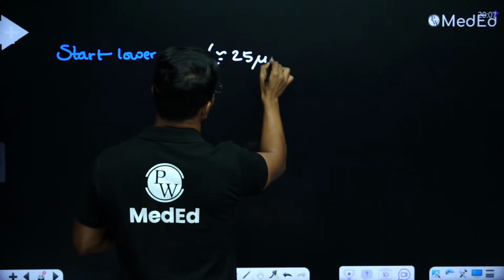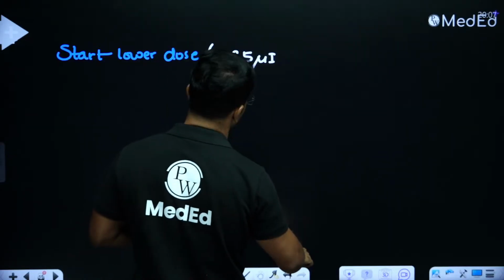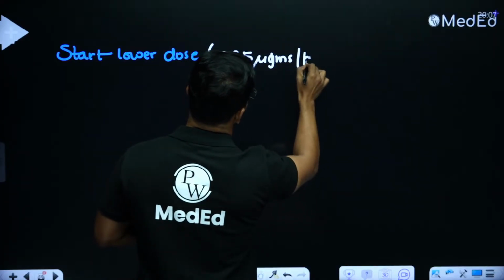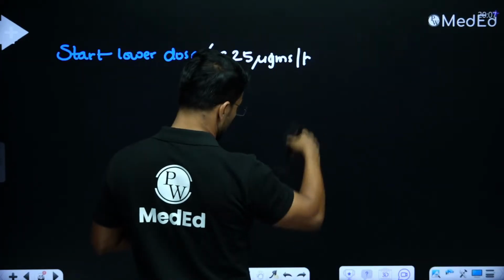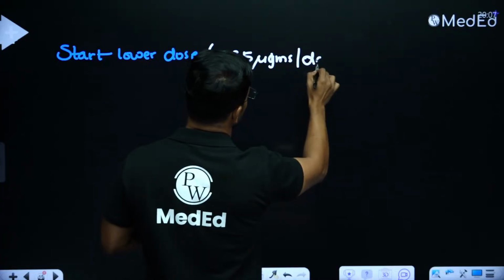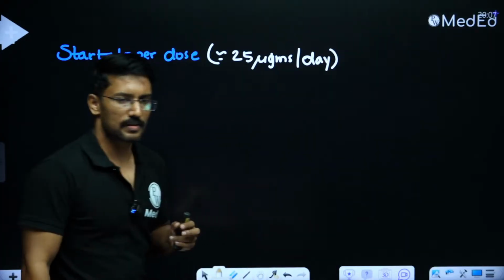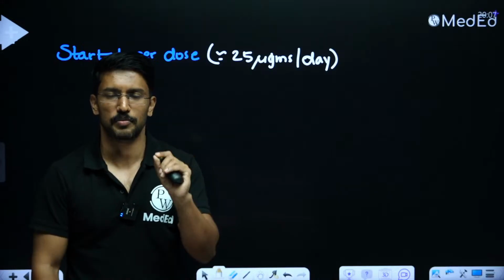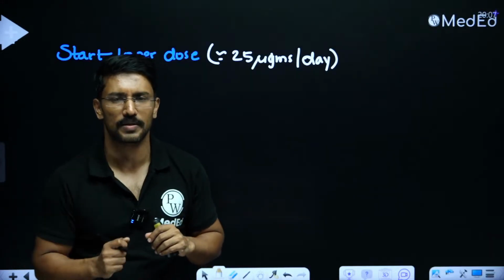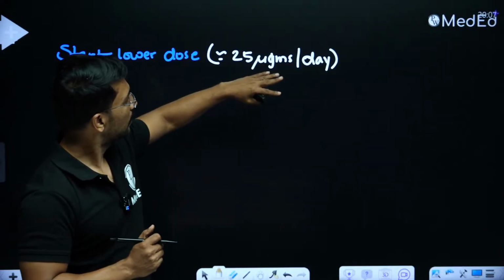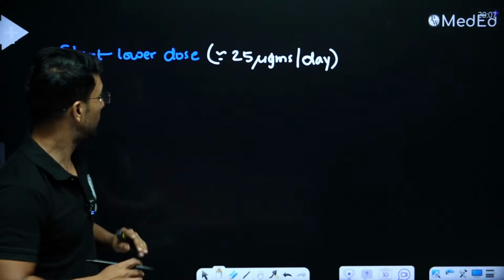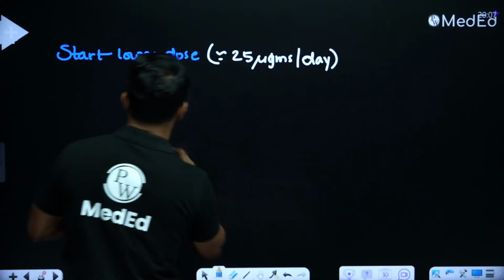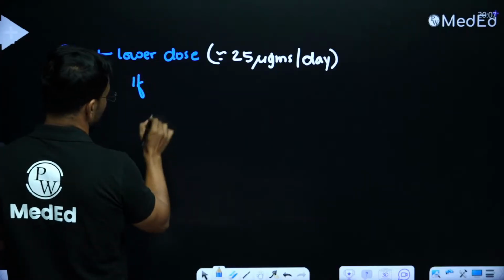We start at 25 micrograms, not per kg, per day. Normally, if we start 1.6 per kg, a 50 kg person will require at least 75 and a 70 kg person will require 100 micrograms. That's the usual starting dose. But we are starting at 25 only, regardless of the weight, in certain conditions. That's an MCQ they can ask.